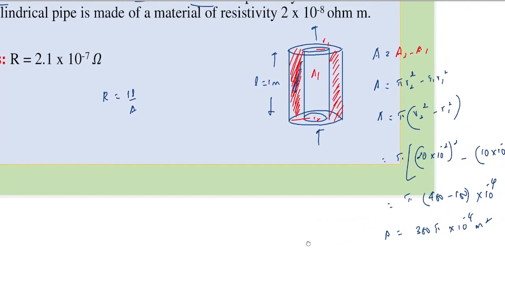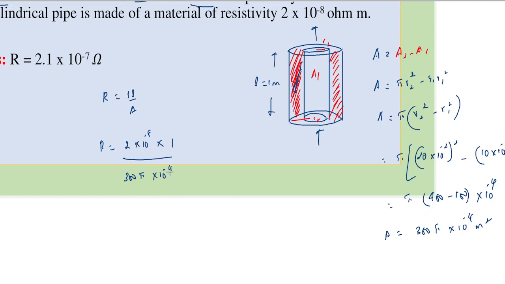Now we need to find what is the resistance. So R is equal to rho, which is 2 into 10 power minus 8, into length of the cylinder, which is given as 1 meter, by 300 pi into 10 power minus 4.